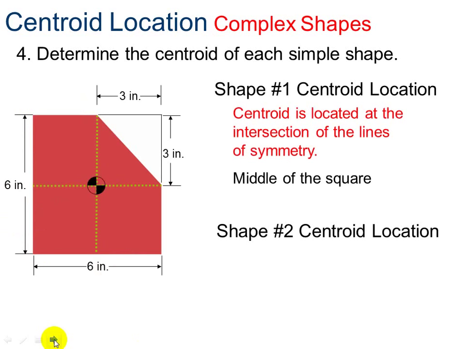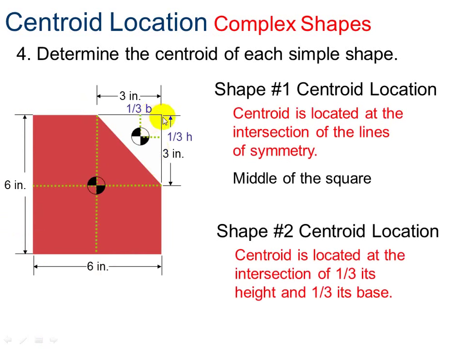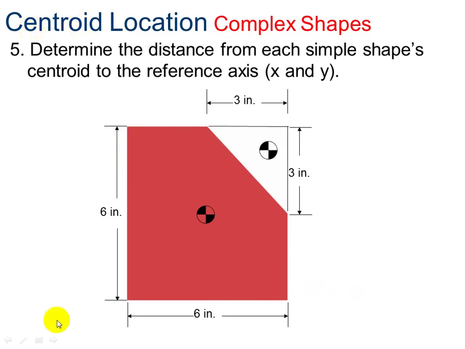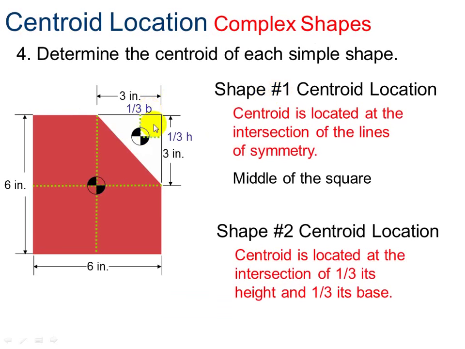Now let's find the centroid for the second shape. It's a triangle, so from the right angle, it's a third of the base and a third of the height.